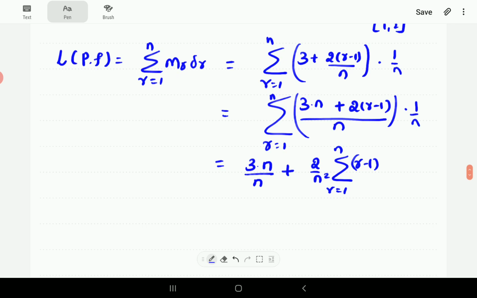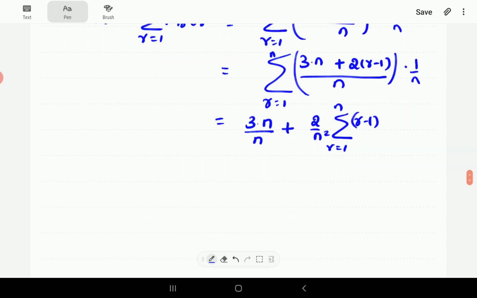Okay, all right. So this is the value. Now what we're getting, this is equal to 3 plus 2 by n square, summation of r minus 1. This is simply like n, in place of n we have r minus 1. So this one we can write as n minus 1 into n upon 2. Yeah, so this 2 cancels, and 1 n also we can cancel.